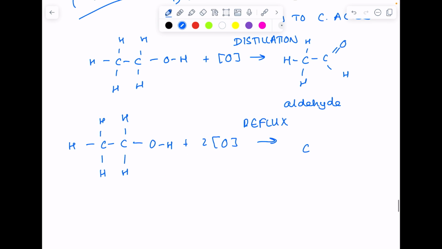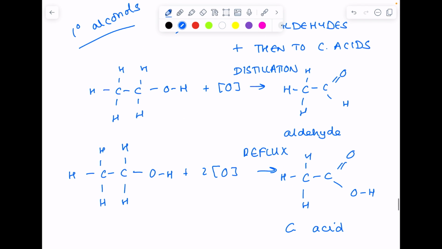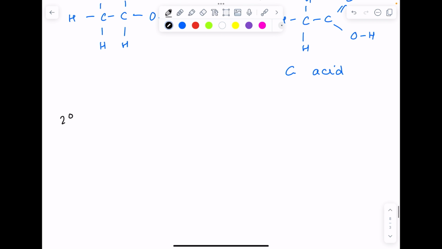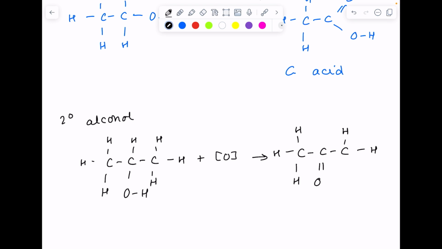Heating under reflux will form that carboxylic acid. So there's your carboxylic acid, it's ethanoic acid. So there's the summary of what happens with a primary alcohol. With a secondary alcohol, there's propan-2-ol again, oxidized to the ketone. Look, there's the ketone functional group with the two R groups attached. So this is propanone.